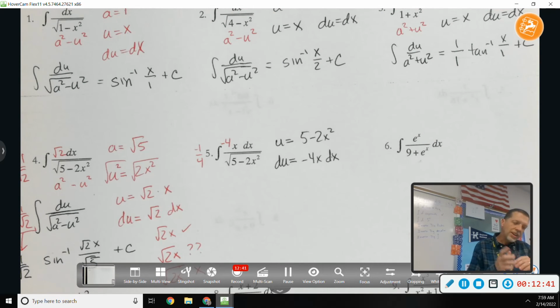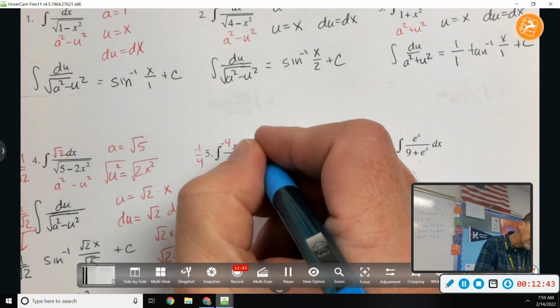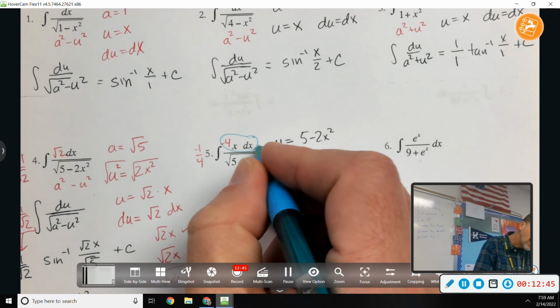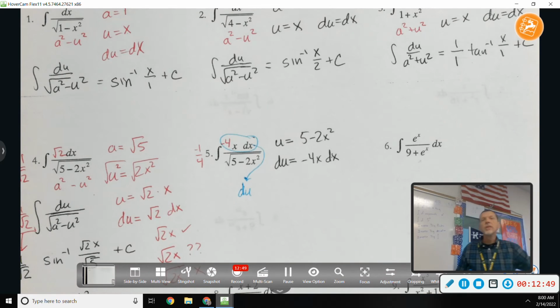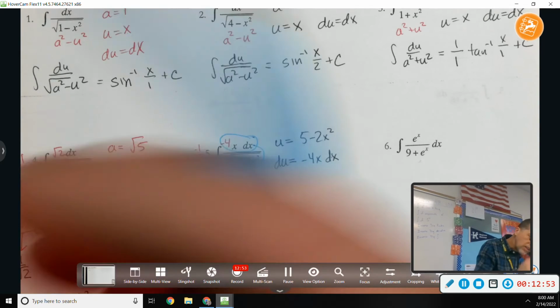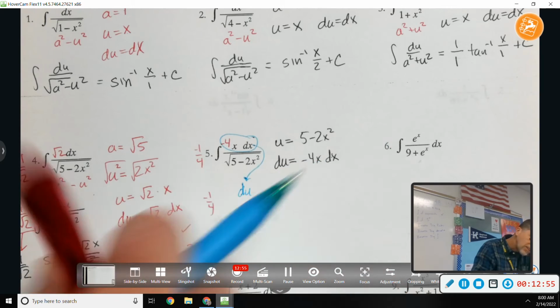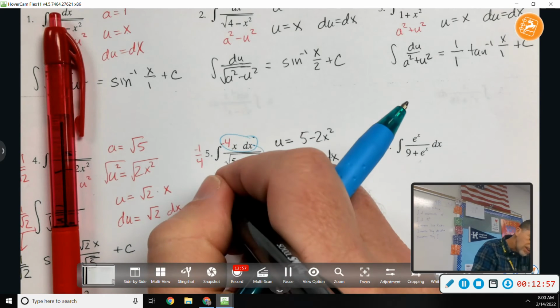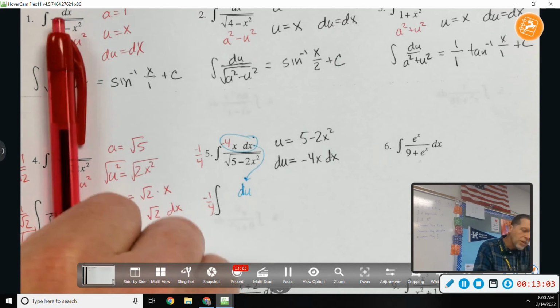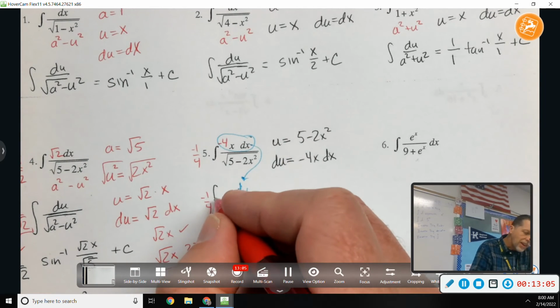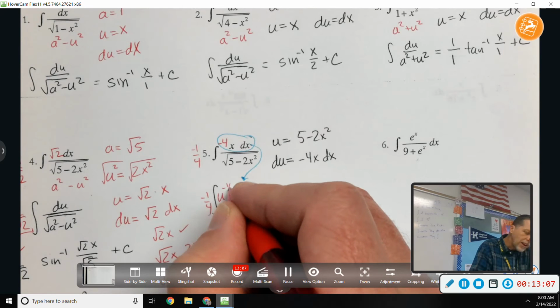So this is not an inverse sine, inverse tangent problem. This is just an old-fashioned u-substitution, we learned it a couple weeks ago. du, negative 1/4 out front, antiderivative. I'm a little short on space, so I'm going to rewrite that as u to the negative 1/2.